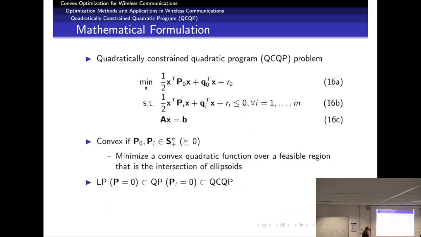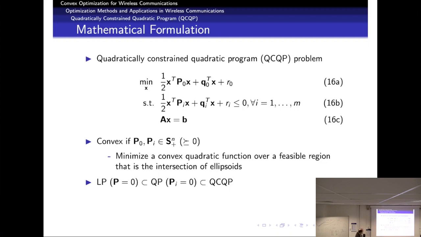Right, and so if you have a quadratic program that also has quadratic constraints, instead of having those linear inequalities, now you have also a term here that captures the quadratic aspect of the constraint, and you can have also linear equalities. But the important bit here to have this QCQP is that you have these quadratic constraints and quadratic objective functions. And this is, again, convex if both P0 and Pi for all those constraints are positive semi-definite, right?